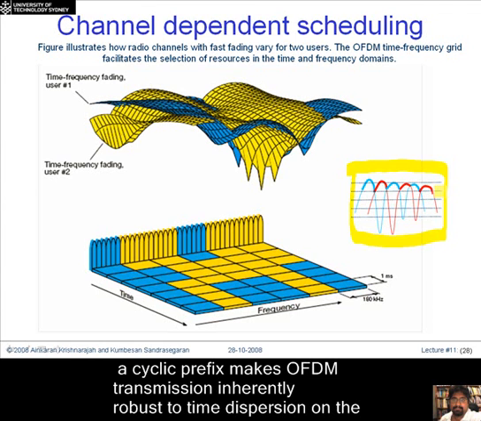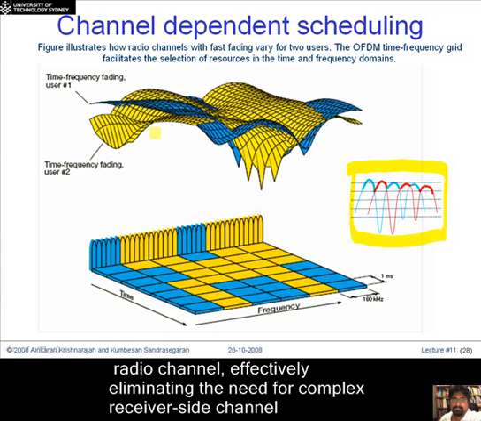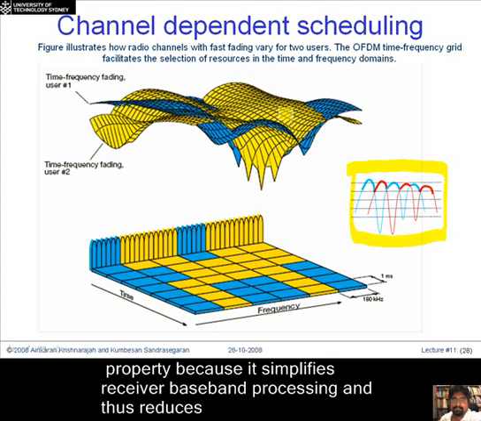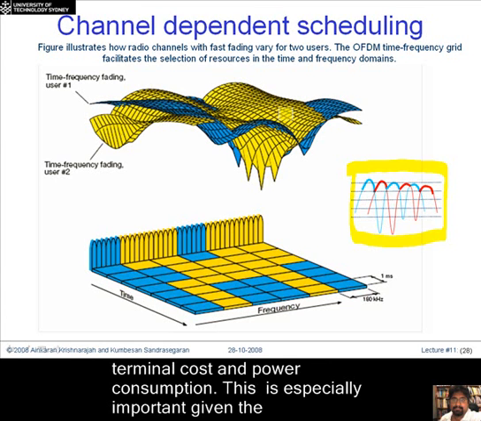So if you look at this, the yellow here could be the channel quality measurements that are being made by user 1 due to fading and other radio propagation mechanisms across many different frequencies, and also at many different instances of time. And the blue represents similar measurements being made by a second user.